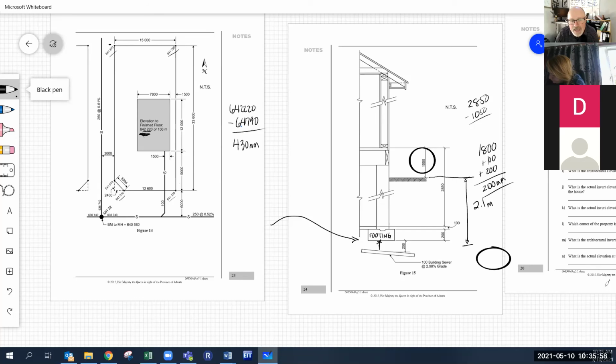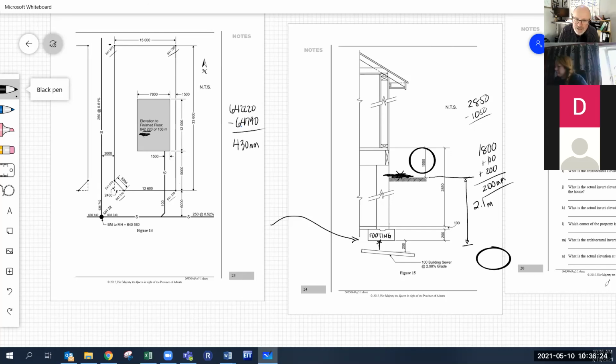And the very last question is, what is the architectural elevation of the grade level where the building drain exits? So we want grade level. Anytime they say grade, that means ground.